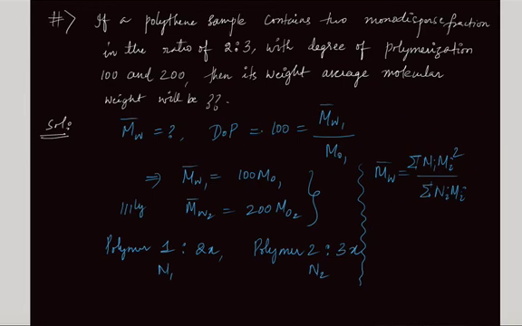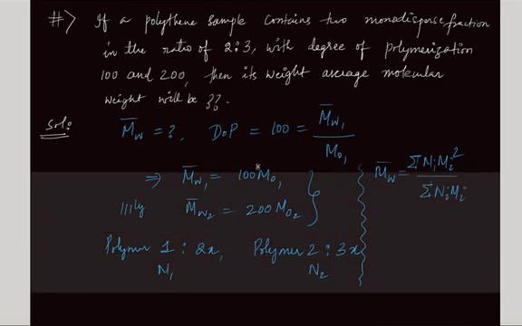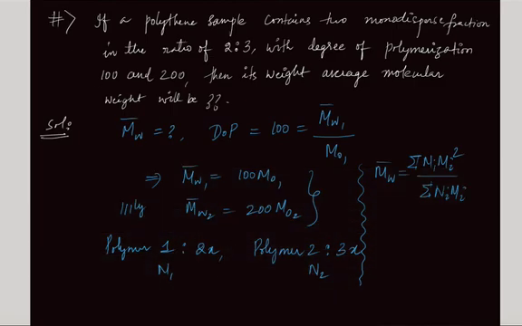I'll be using the same formula here. So these are the given conditions. Mw1 is given as 100 M0, Mw2 is given as 200 M0, and N1 is given as 2x, N2 is given as 3x.